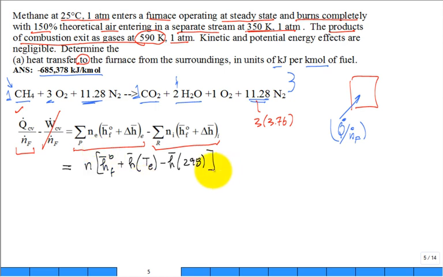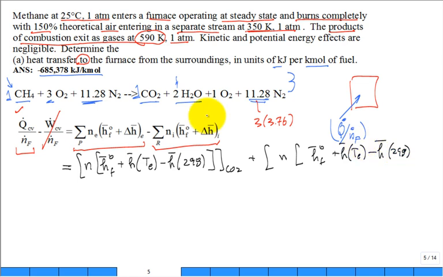And so I have to write this for each of my products. I have to do it for carbon dioxide. I have to do the stoichiometric coefficient, the enthalpy of formation, the exiting temperature enthalpy minus the enthalpy at 298. See that delta? That's compared to the 298, the reference temperature. Okay, and close.